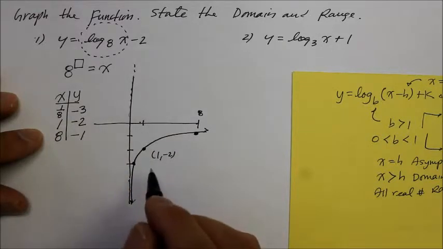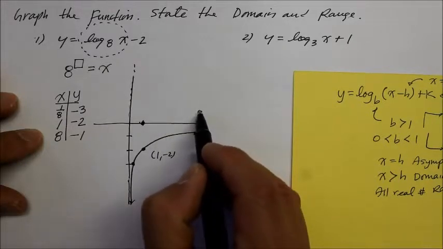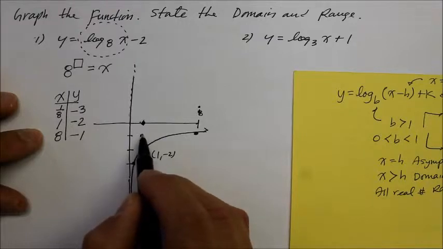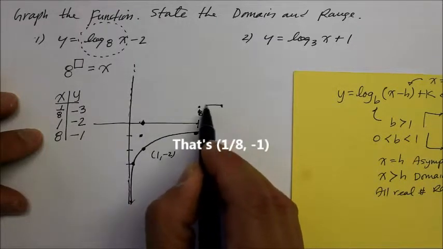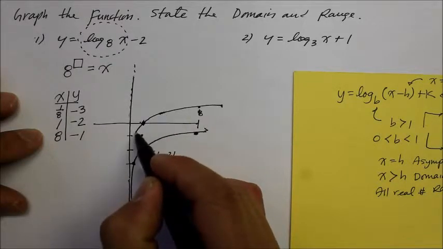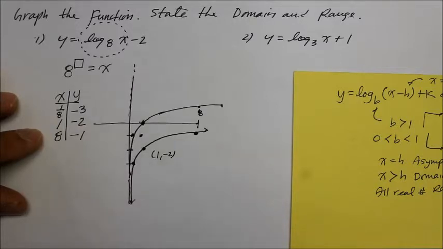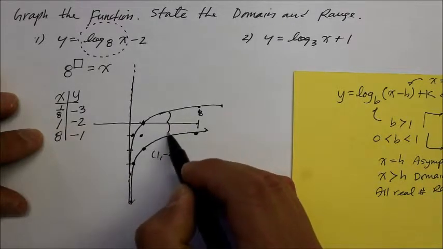So in fact, it would have been this way: 1, positive 1, and negative 1. And so it would have looked something like this instead, because 1/8 is over here. So it did shift 2 units down.